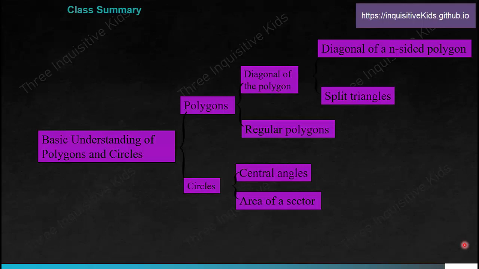There were two main elements, polygons and circles. In polygons, we learned about the diagonal of the polygon, regular polygons, diagonals inside the polygon, and split triangles. And for circles, we learned about central angles and the area of a sector.